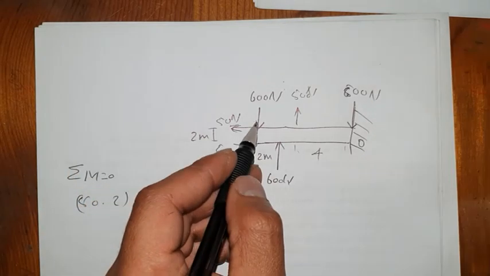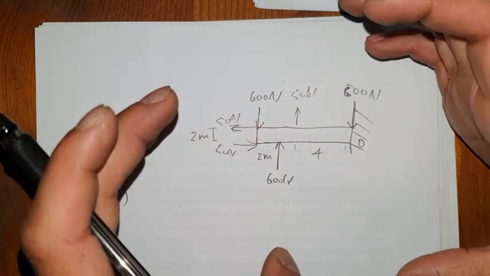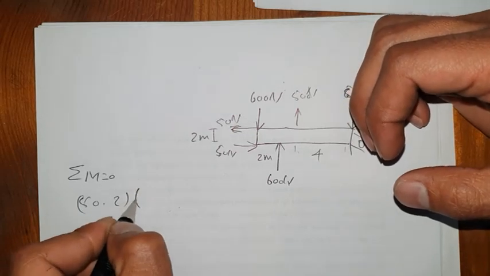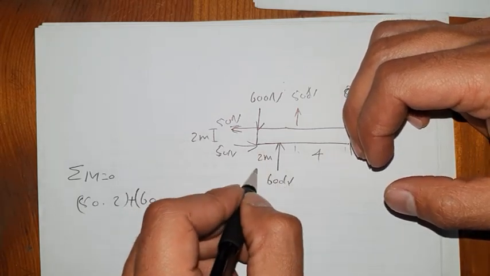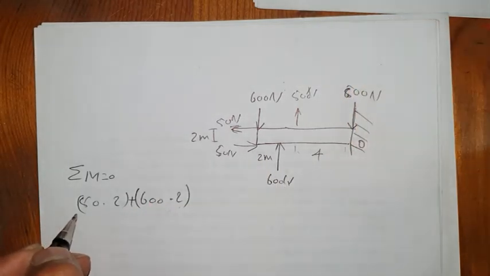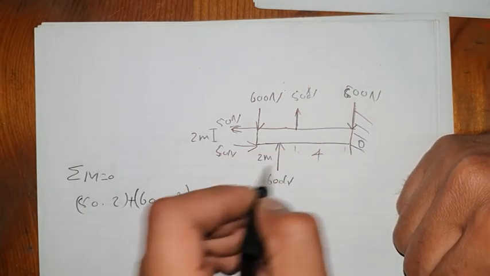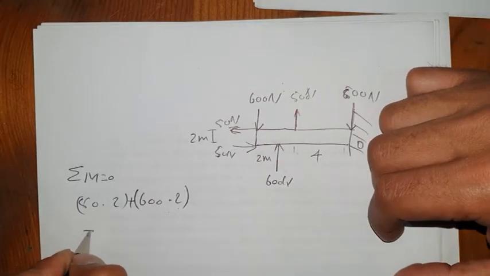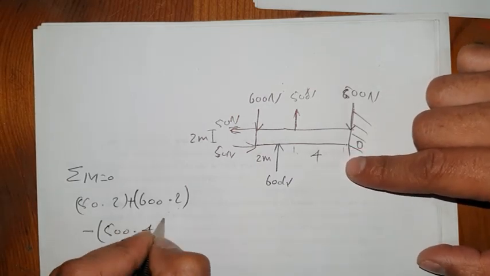And we count 600 newtons, which is also rotating the moment counterclockwise, so it's also positive: 600 times the distance, 2 meters. And we now have the 500 here, it's clockwise, so we'll get minus 500 times 4.